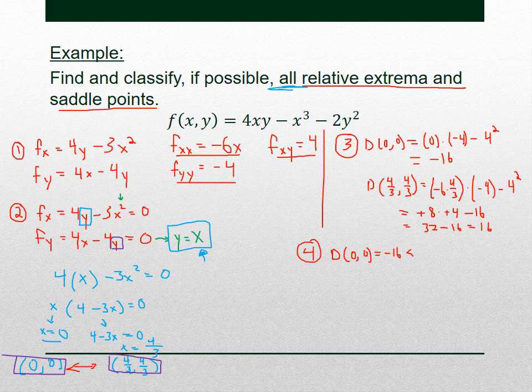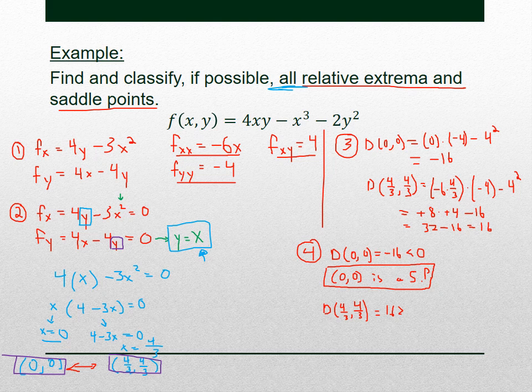So what is that equal to? Well, negative 6 times 4/3 is negative 8. So that's negative 8 times negative 4 minus 16. Negative 8 times negative 4 is 32. Positive, right? These negatives cancel each other. So that's 32 minus 16. And 32 minus 16 is 16. So we got negative 16 for (0, 0) and positive 16 for (4/3, 4/3).